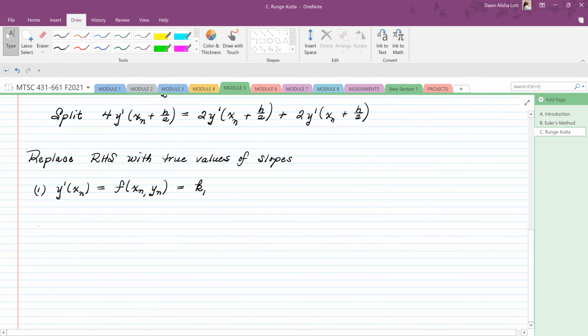Then the second slope, which is y prime of xn plus h over 2, is equal to f of xn plus h over 2, and then this is yn plus, we're going to multiply it by k1 times h over 2.